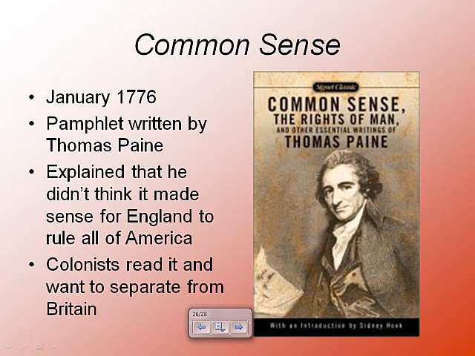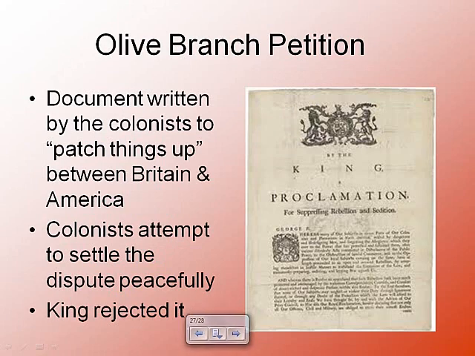So eventually, when things get more difficult for the colonists, with the ports being closed and some of the initial fighting, the colonists actually send an Olive Branch Petition. That was a document written by the colonists to patch things up between Britain and America. They wanted to avoid war.